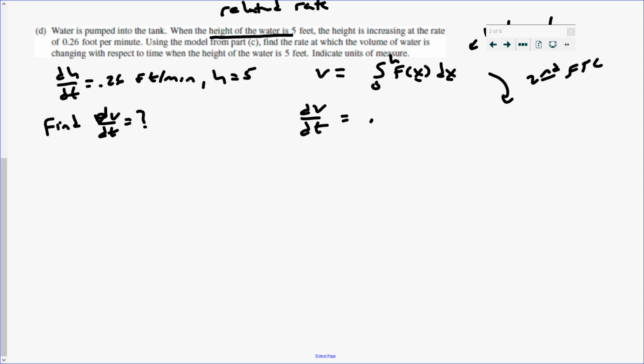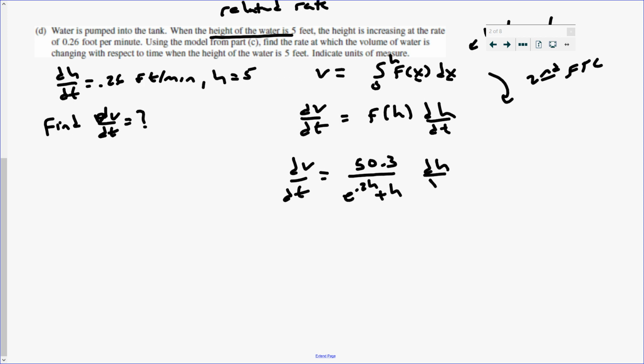So that's just going to become f of h, and of course, that's going to be dh dt when we take that derivative. So, ready? We get dV dt from part C. We know f of h is 50.3 over e to the 0.2h plus h, times dh dt.